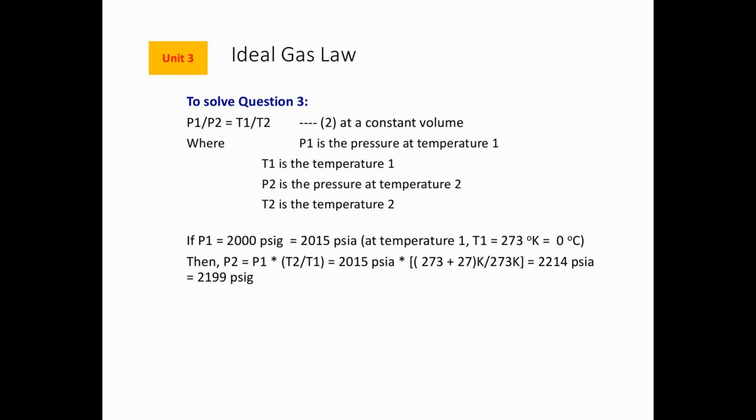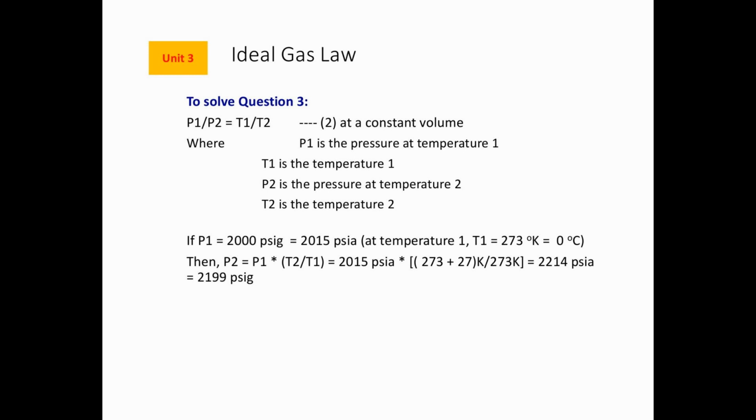P1 is the pressure at temperature 1, T1 is temperature 1, P2 is the pressure at temperature 2, and T2 is temperature 2. So at lower temperature, you will have a lower pressure. That's why in wintertime, a CO2 mix that was originally 2000 psi has now dropped to 1800 psi. Lower temperature, lower pressure for the same volume.